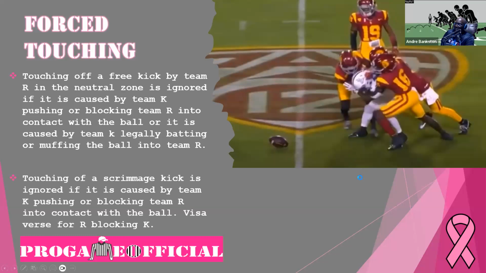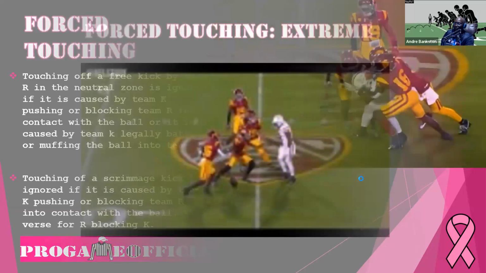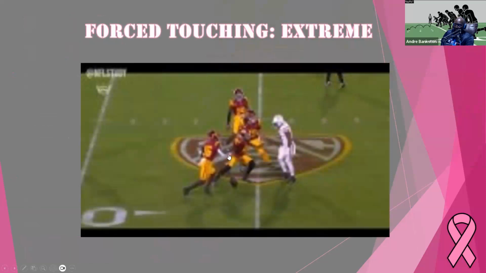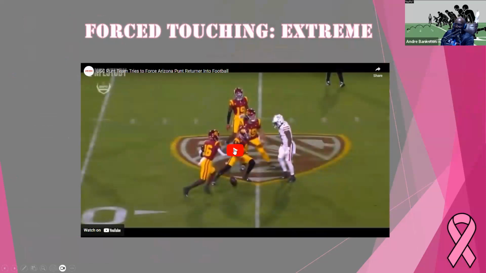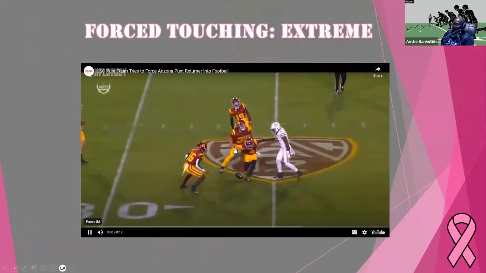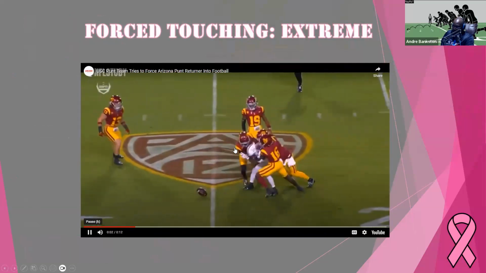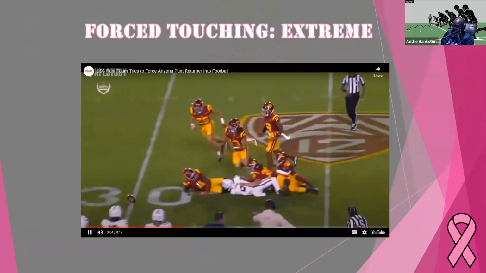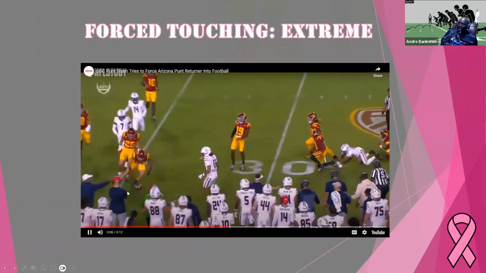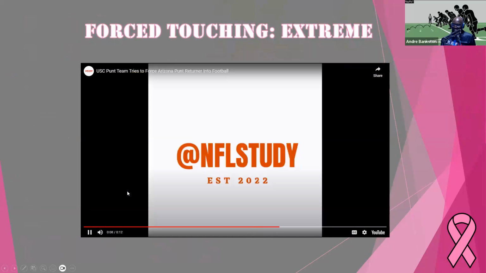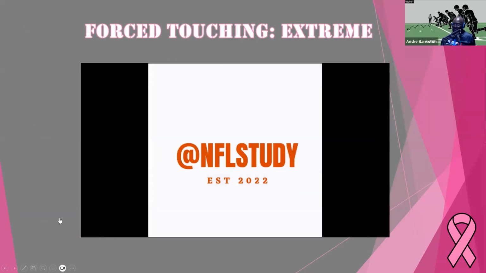Now I have this picture on here in this video because one of my officials called me and said, "Is this legal? Can they do this?" So you see, they're trying to. I've never seen that before in my entire life, but they try to force the receiver to touch the ball.